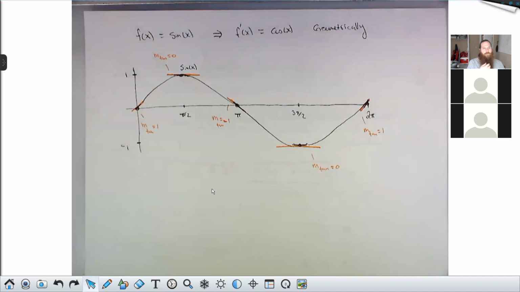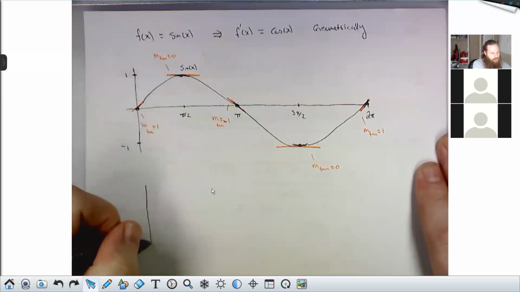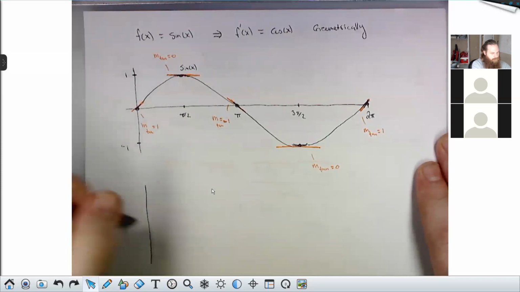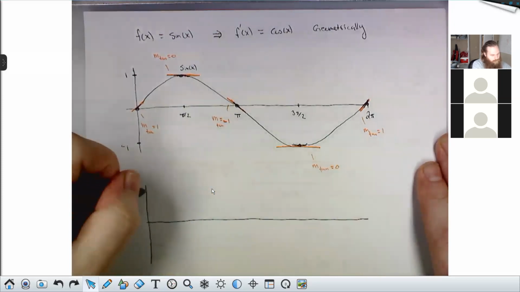So if I just took those tangent slopes and used those to guess at the graph of the derivative, what sort of graph do I get? Let's do it.